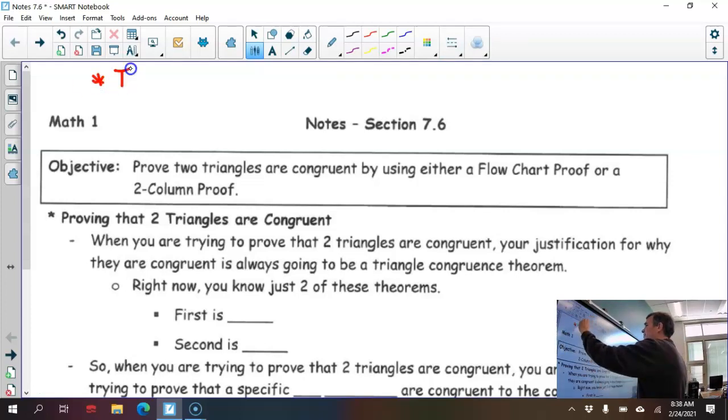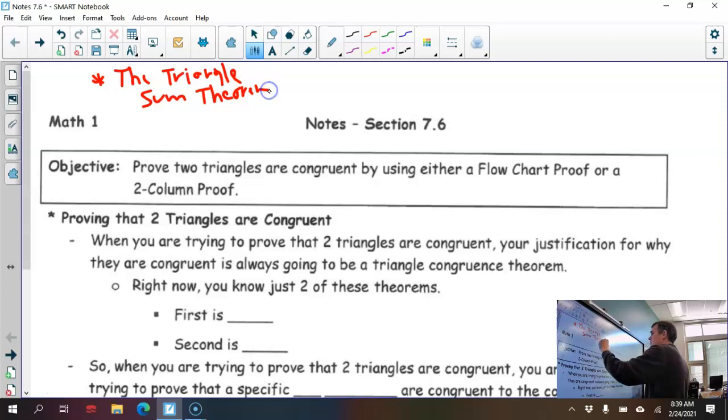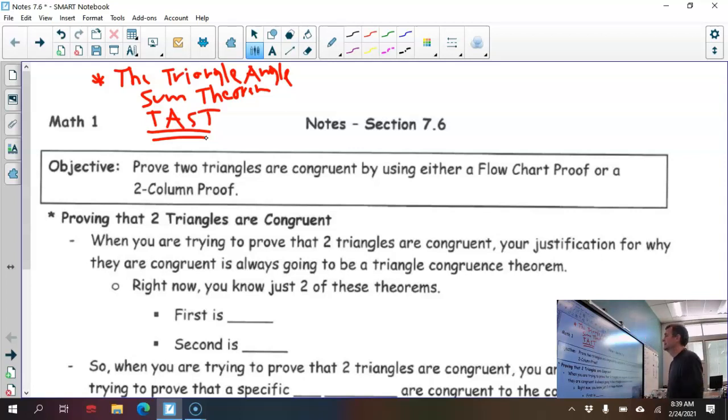It is called the triangle angle sum theorem. I knew I was missing something there. It is the TAST, the triangle angle sum theorem.